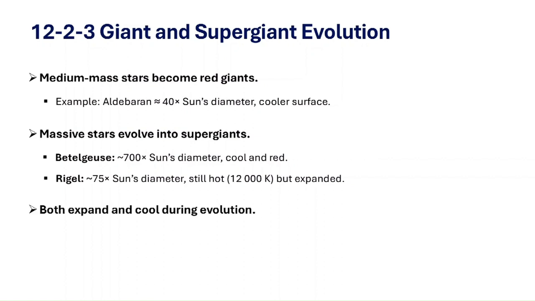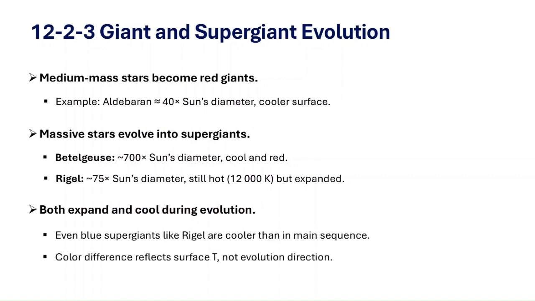Now whether a star becomes a red giant or a blue supergiant, both go through envelope expansion and surface cooling. For blue giants like Rigel, the color difference is really just a reflection of surface temperature, not the direction of evolution.